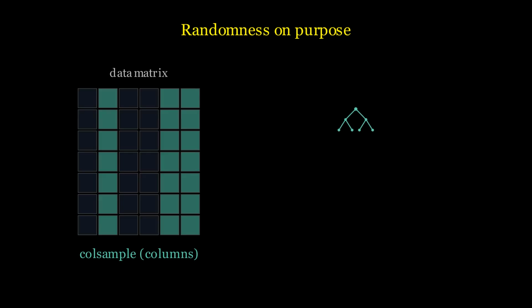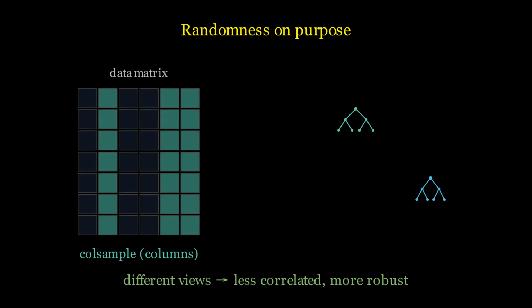By showing every tree a slightly different view of the data, you stop the ensemble from leaning too hard on any one pattern or any one feature, and you reduce the correlation between trees. As a bonus, training on less data each round is simply faster. So even inside a strictly sequential booster, a controlled dose of randomness makes the final model more robust.